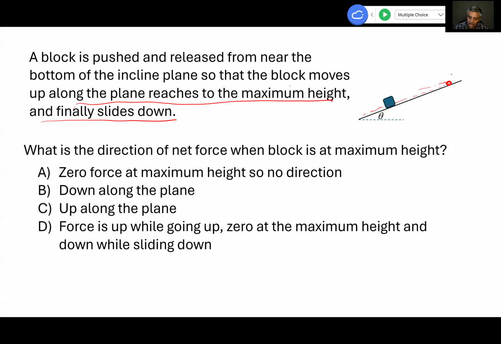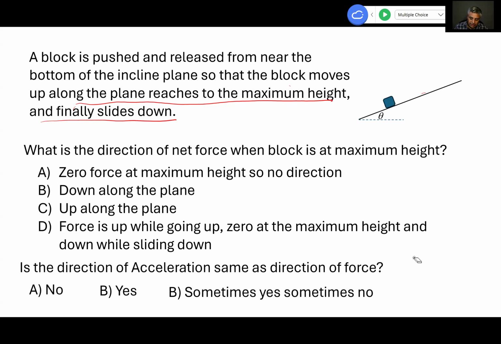So how do we look at that? Before we do that, let's look at another question. So now it is the direction of acceleration. What is the direction of acceleration?